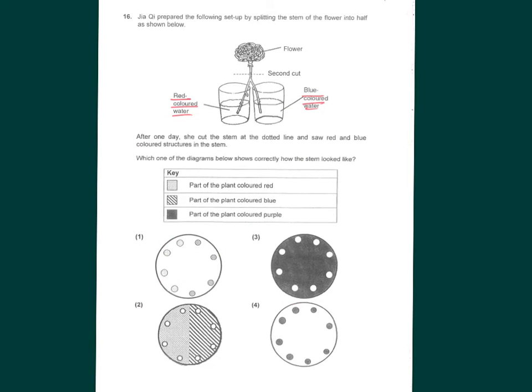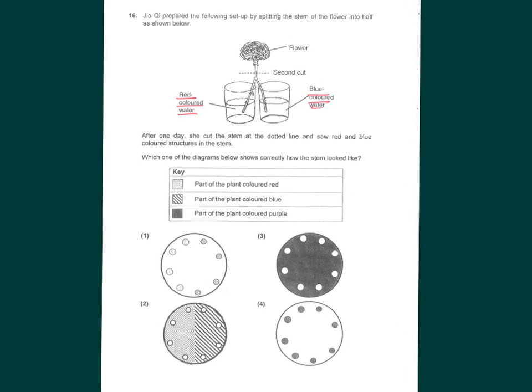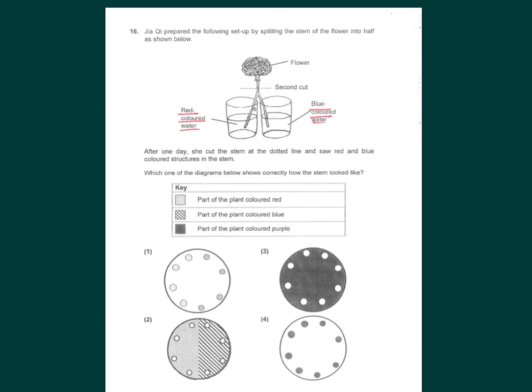So coming back to our question, let's look at the keys here. If it has got this pattern that is shown, you expect this to be red, shaded to be blue, and solid color to be purple. Now, since the water is being carried up via the water carrying tubes, these are found within these little structures here.